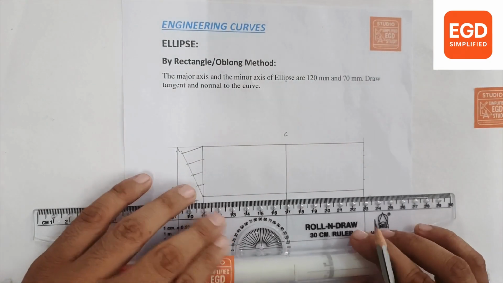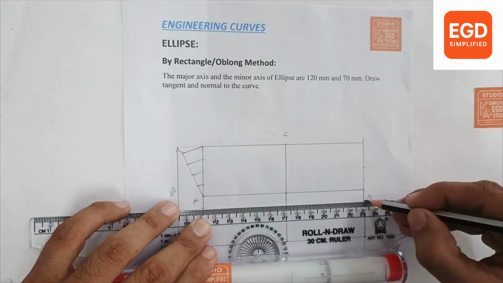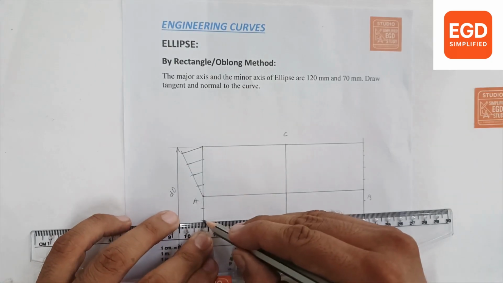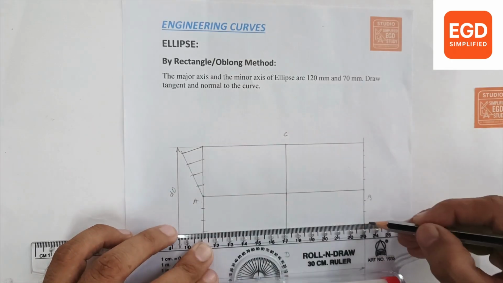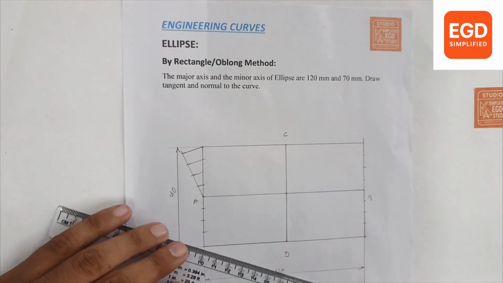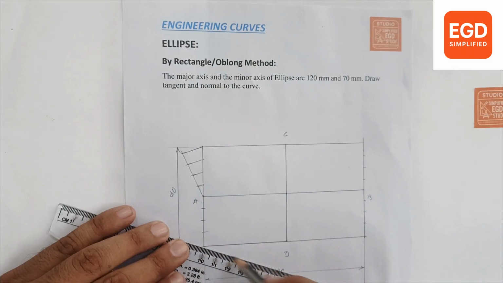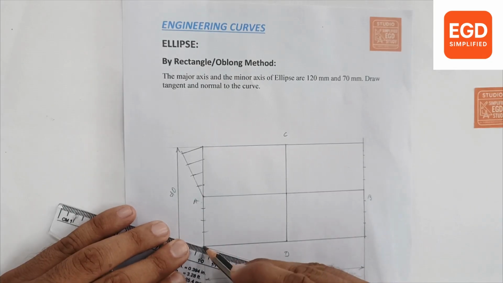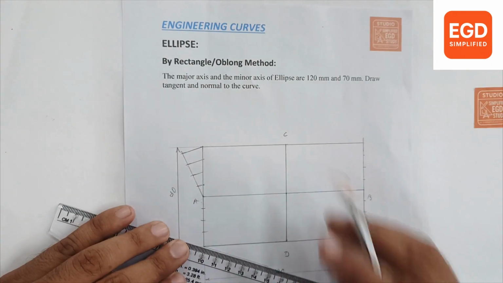Then transfer the same measurement from here to here. Now again, to divide this line, we will divide this line first, then transfer the dimension from here to here.